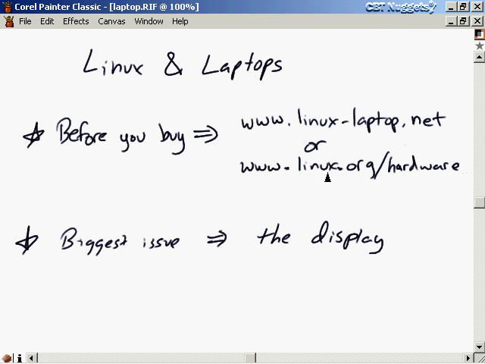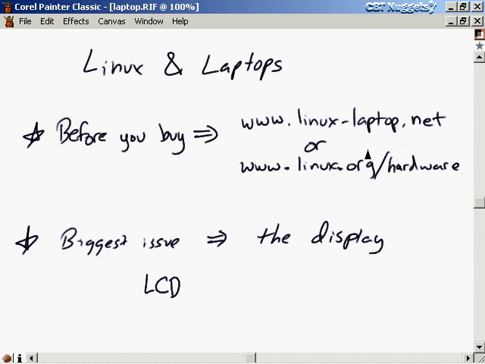Usually the biggest issue with getting Linux to run on a laptop is just the display, because these displays on laptops are liquid crystal displays, and they're very sensitive and temperamental. They want a particular refresh rate. They want a certain resolution they run really well in, and other resolutions they don't run so well in. So you just have to be careful. And on these websites, they have user accounts of what users have had to do to get Linux to run on various laptops, and you might be able to grab a configuration file right from one of these accounts.